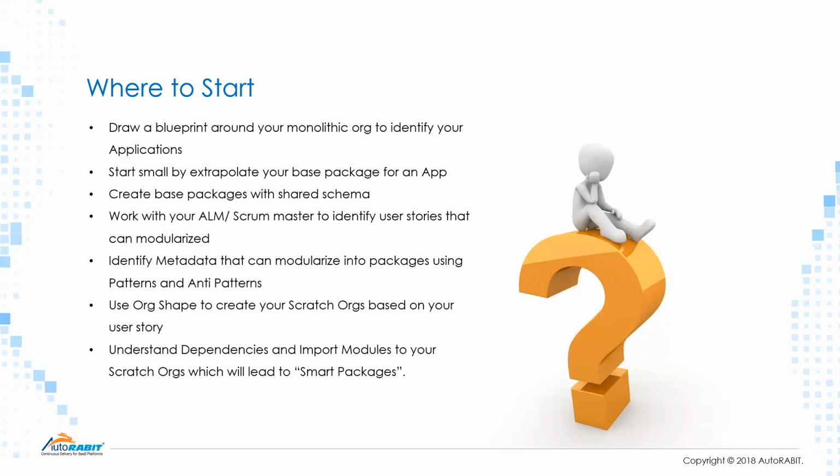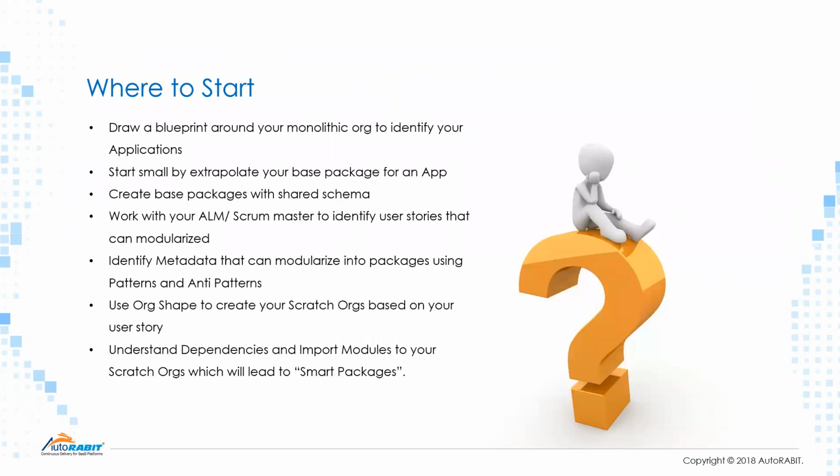Are we developing something on top of a particular managed package, for example? This will give you that level of detail, so you know exactly based off of the user stories what can actually be modularized. From there, we'll identify the specific metadata components that you can modularize as part of packages using the patterns and anti-patterns that we've talked about just a couple of slides ago.